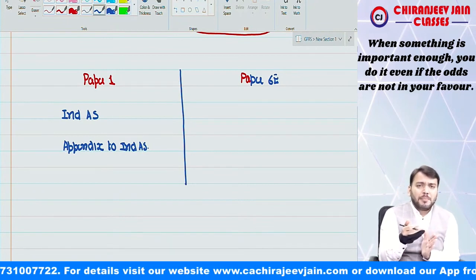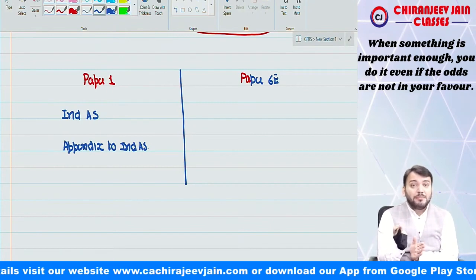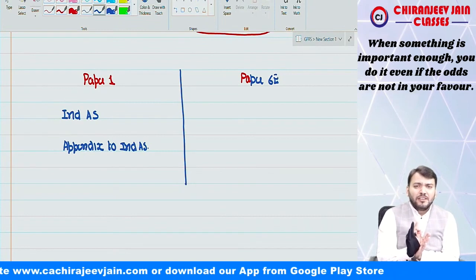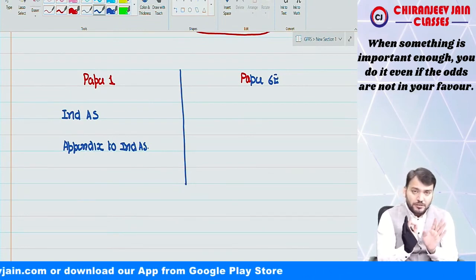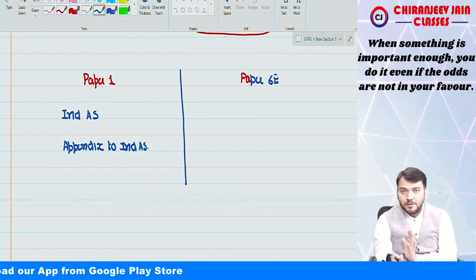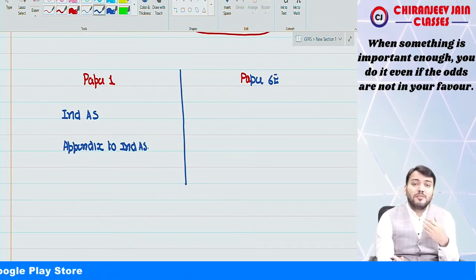For example, there was some appendix related to Ind AS 37. Ind AS 37 means provisions, contingent liabilities and contingent assets; that was intentionally removed from the syllabus of paper 1 by ICAI. And there were some appendices which were in the syllabus but not important from the examination point of view.